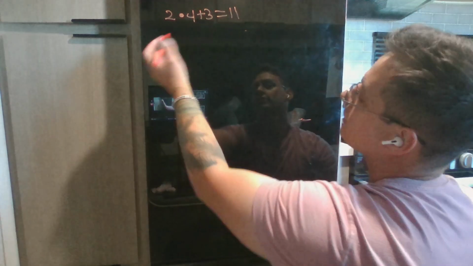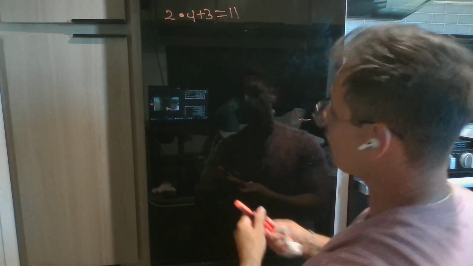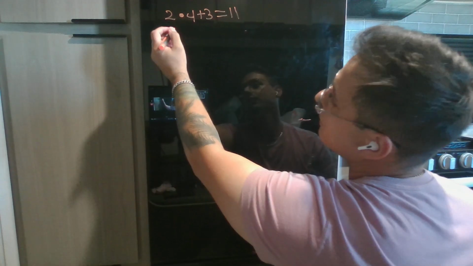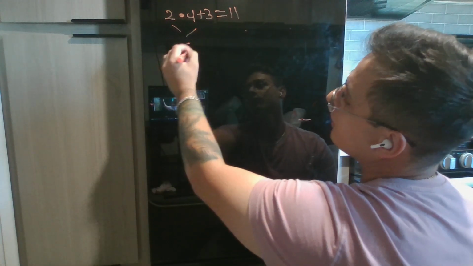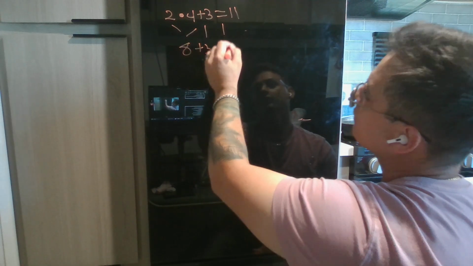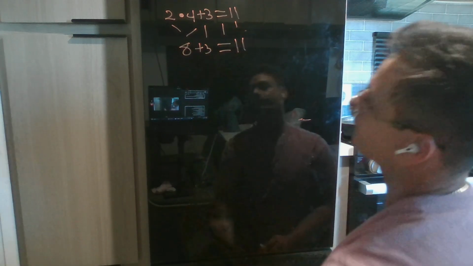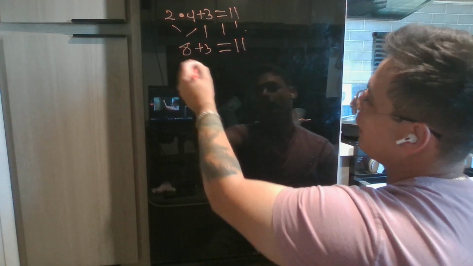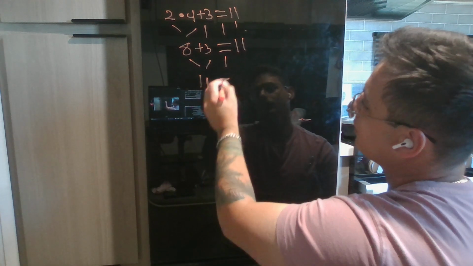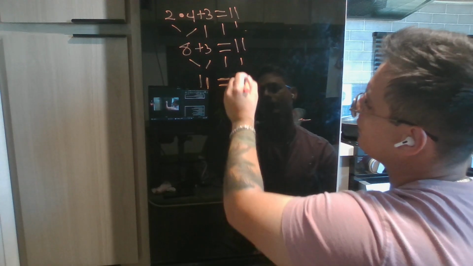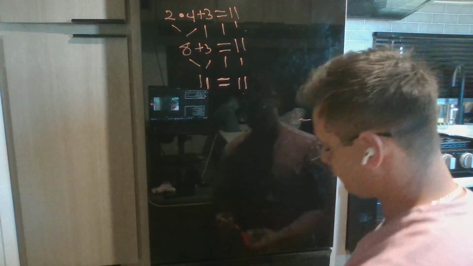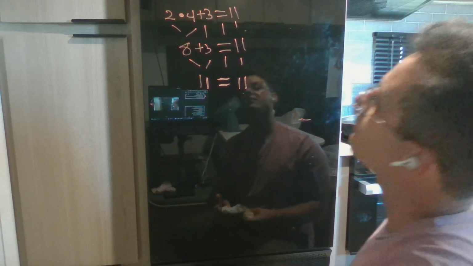All right, so we'll take our order of operations and multiply first. So 2 times 4 equals 8. Bring your plus 3 down, bring your equal sign down, and it should equal 11. We know that 8 plus 3 equals 11. Bring that equal sign down, and bring that answer down, and 11 does in fact equal 11. Perfect, wonderful balance.